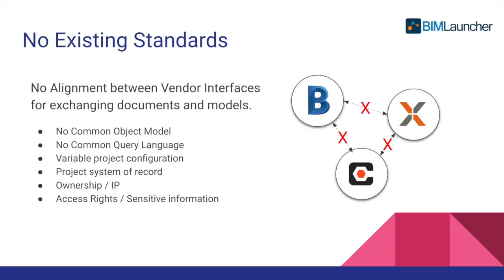So the problem here is that there's no existing standard to connect these different systems. This comes back to the fact that there's no alignment between the vendor interfaces for exchanging documents and models through these systems. And that's not anyone's fault.